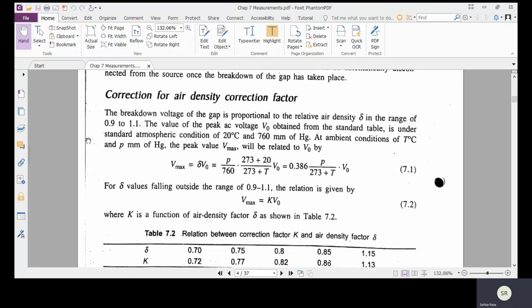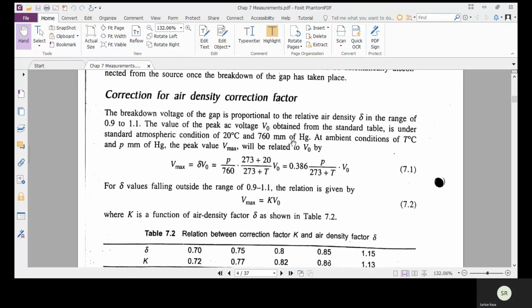daily life, the values of temperature and pressure vary from area to area and season to season. The breakdown voltage of a gap is proportional to the relative air density in the range of 0.9 to 1.1. The value of the peak AC voltage V naught obtained from the standard table is under standard atmospheric conditions of 20 degrees Celsius and 760 mm of Hg.